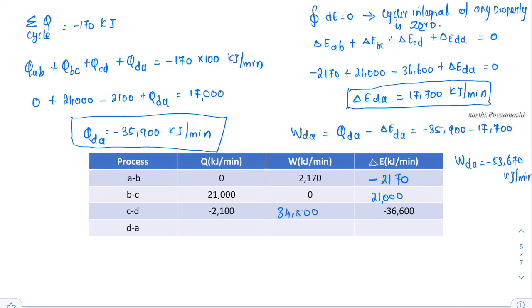We have Q of dA equal to minus 35,900, W equal to minus 53,670, and del E equal to 17,700. Now we have found all the values in the table, and we have to find the net rate of work output.